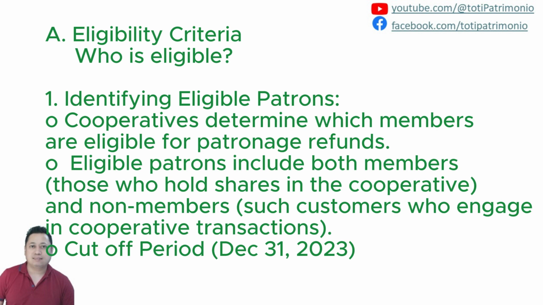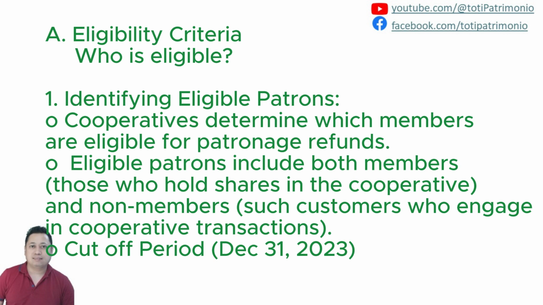maybe with the CDA during the forum, whether they are really eligible for patronage refund. The third point that we will be considering in the eligibility criteria is the cut-off period, because we should identify the cut-off period for the eligible members.